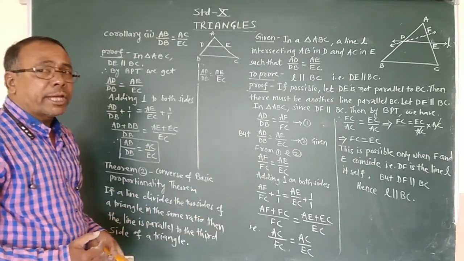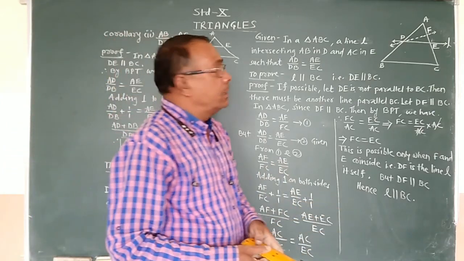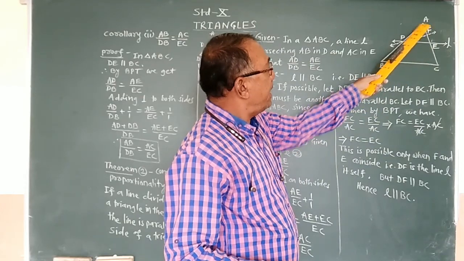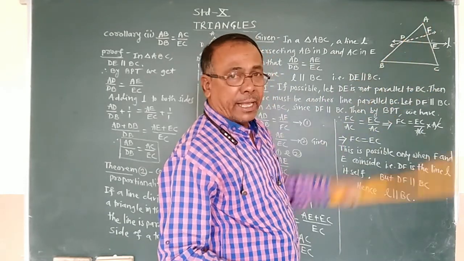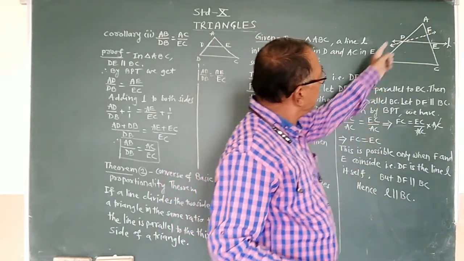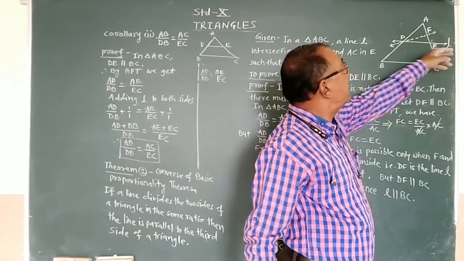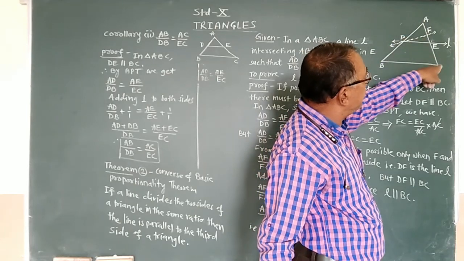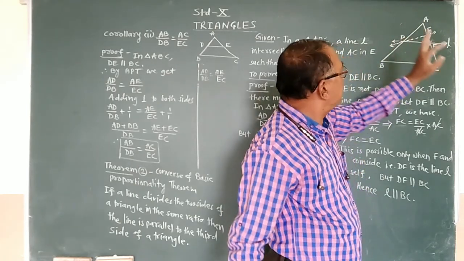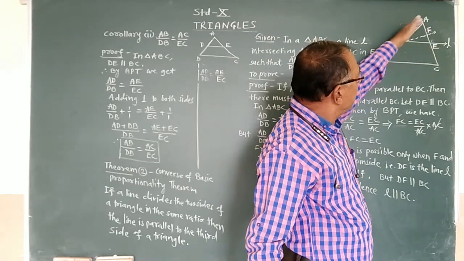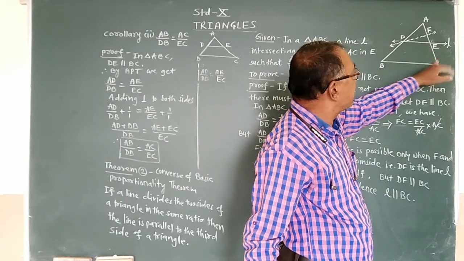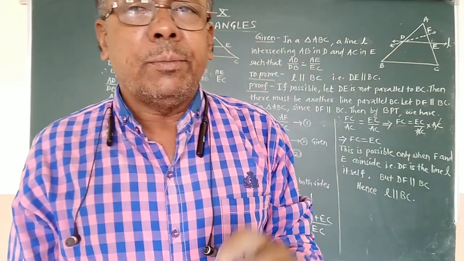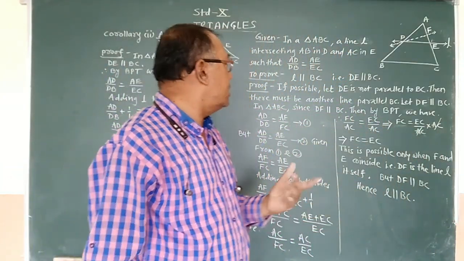Here, to understand or to prove this theorem, we have drawn a diagram. In the figure, ABC is a triangle, and here the line divides side AB at D and side AC at E. Means DE divides the sides AB and AC in such a way that both the ratios are equal.